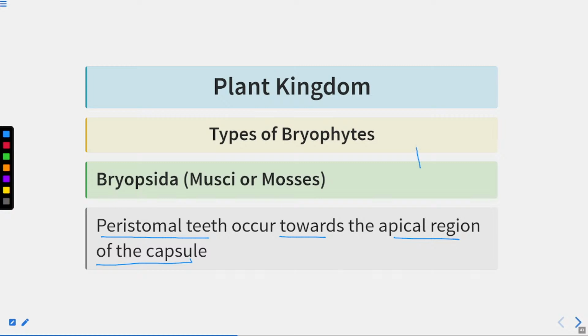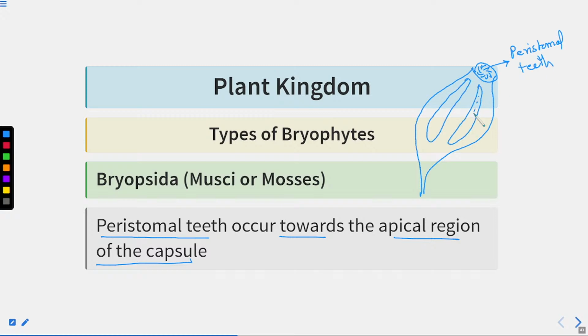So I'm just drawing a rough figure of a capsule here. This is the capsule region, and at the tip, they have these peristomal teeth. And they have spores, this space that has lots of spores.